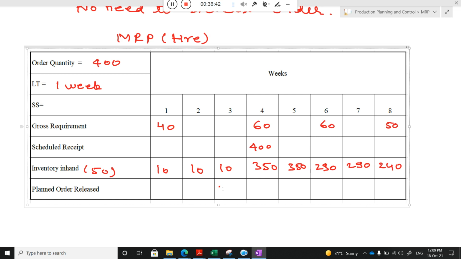So I write here at week 3 the order release is 400.